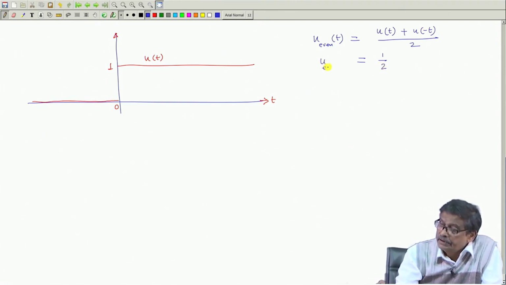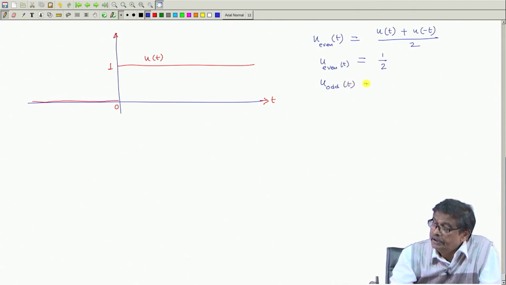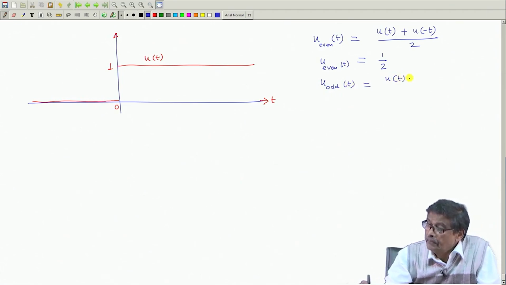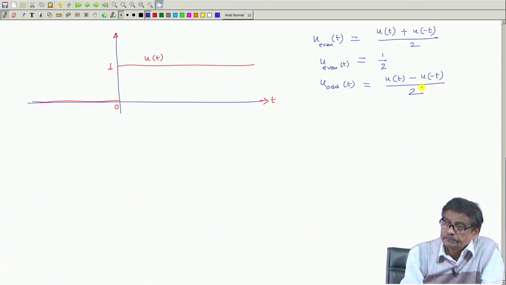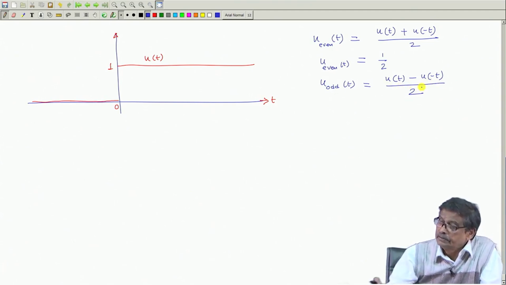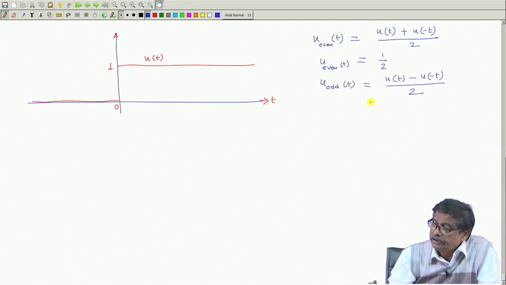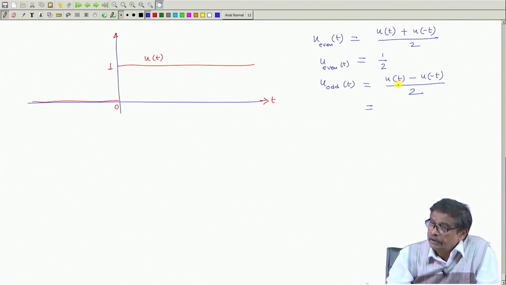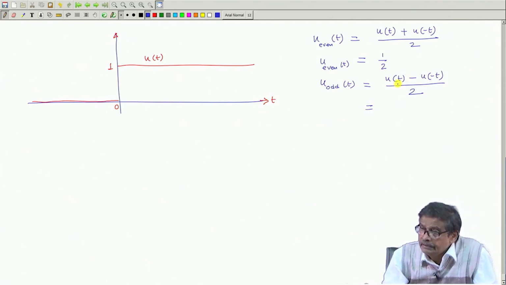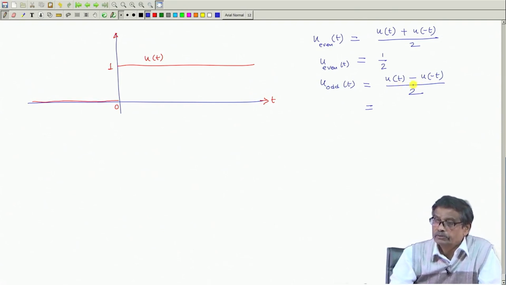So, u even(t) is half, and u odd(t) will be equal to u(t) minus u(-t) divided by 2. So, u odd(t) will be how much? It will be signum t.